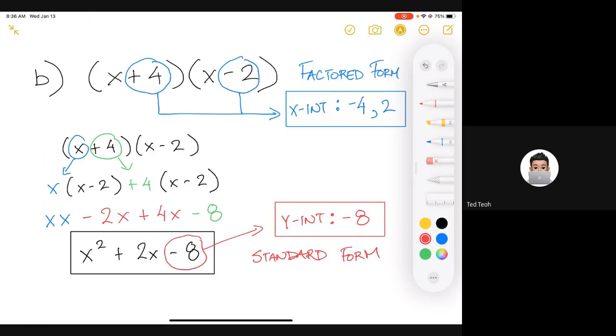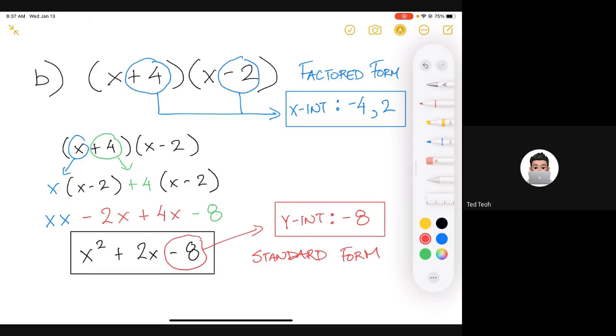Okay, so it's -8, it's going to stay as -8. But when you do the x-intercepts, the operation changes. Kind of like when you do the vertex, the x value changes operation, but the y value stays the same. Okay, so if a question's in factored form, it gives me the x-intercepts. If the question's in standard form, it gives me the y-intercept.